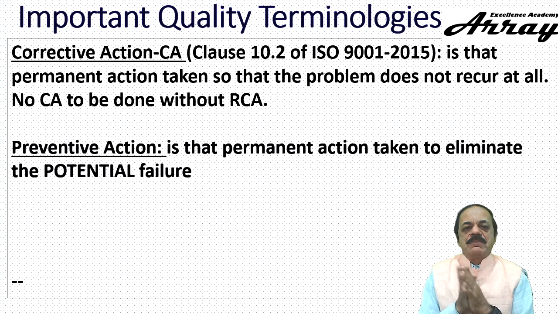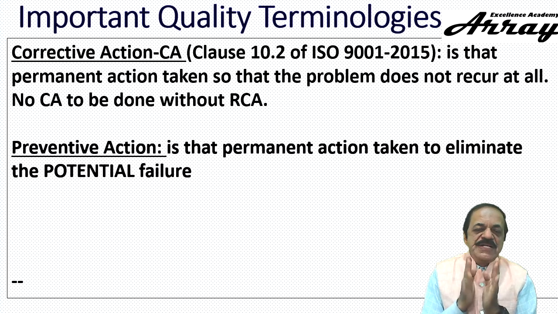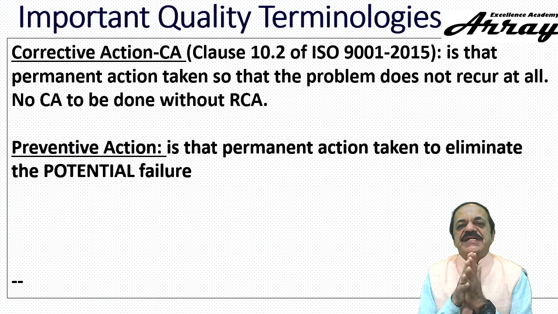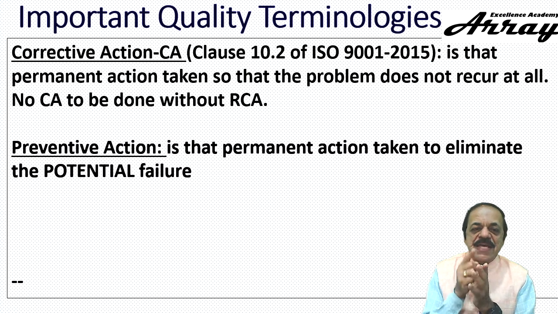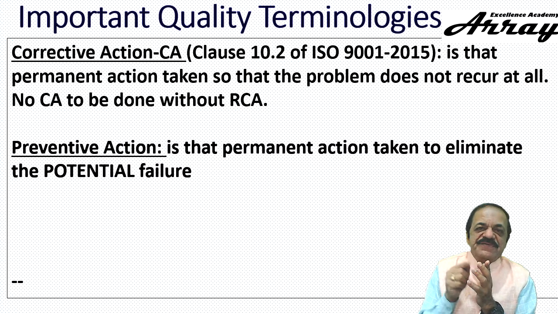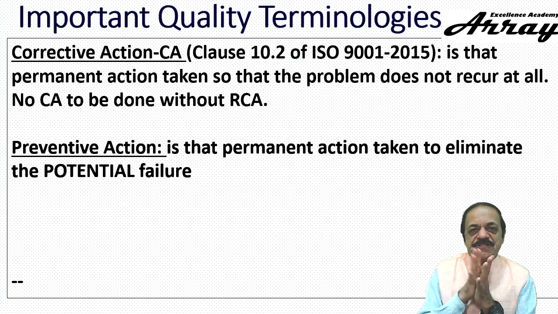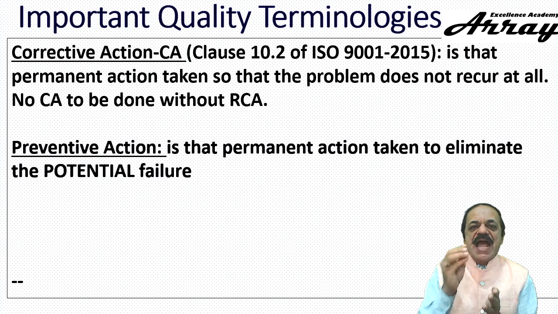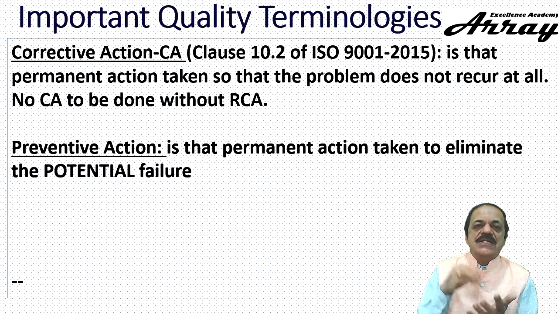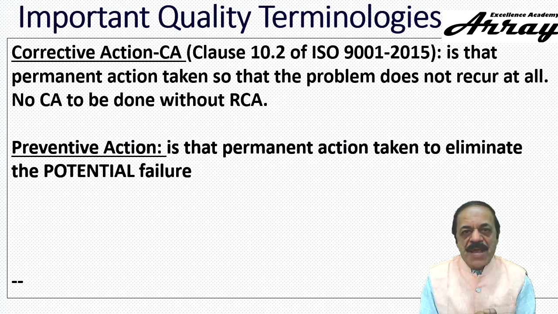Then people talk about preventive action. Preventive action is that permanent action taken to eliminate the potential failure. In corrective action, we suffer failure and take the permanent action to eliminate. Here, we anticipate potential failure and take action so that those failures do not happen at all. This is preventive action.